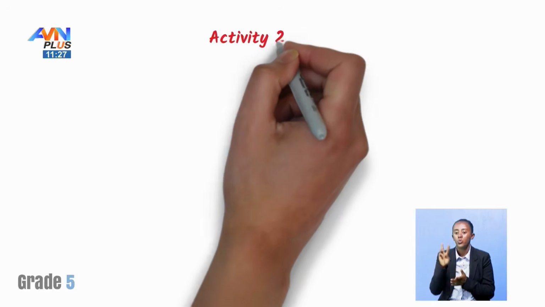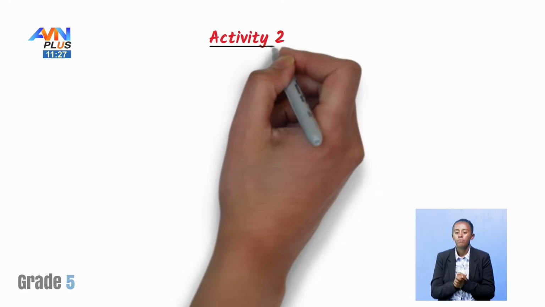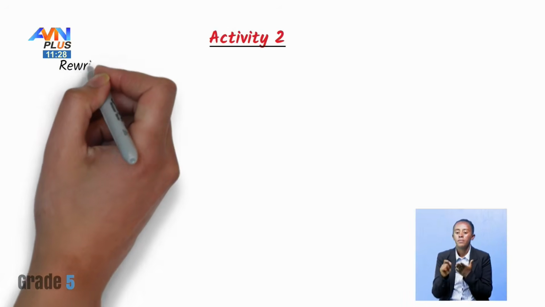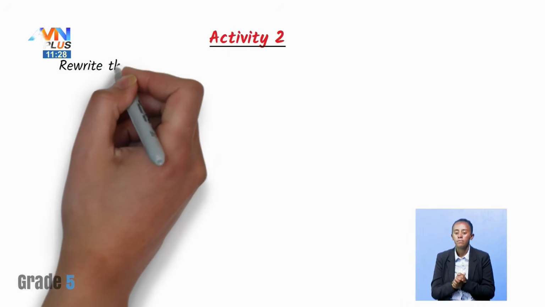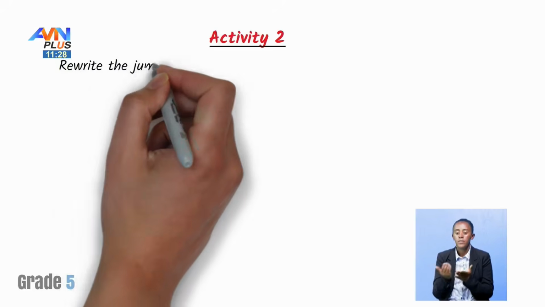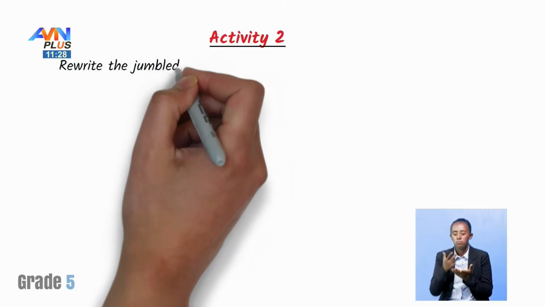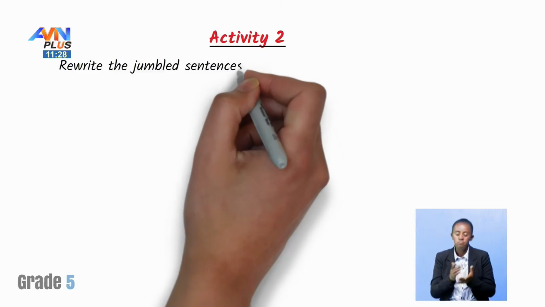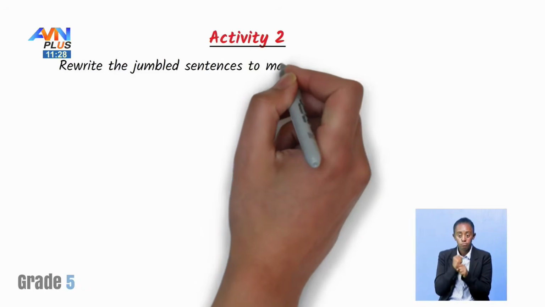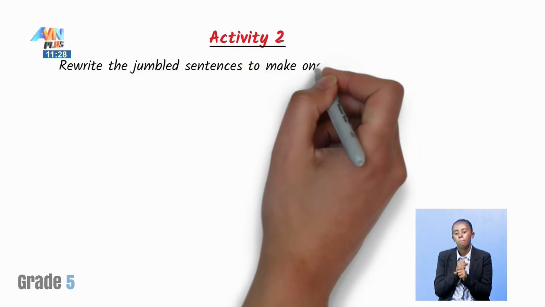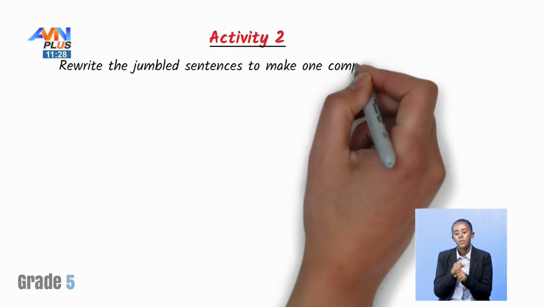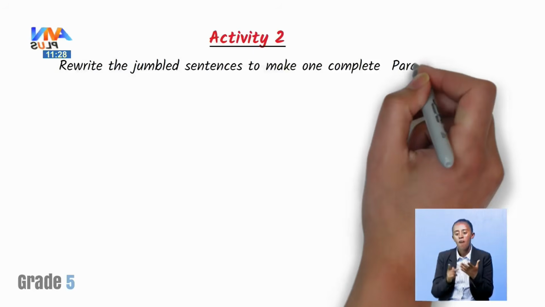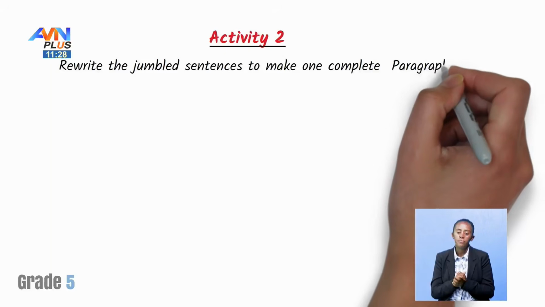Activity 2. Rewrite the jumbled sentences to make one complete paragraph.